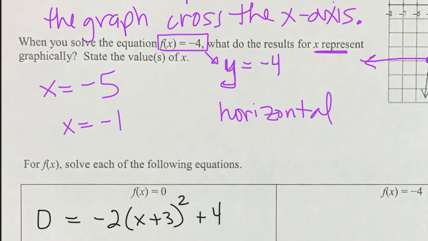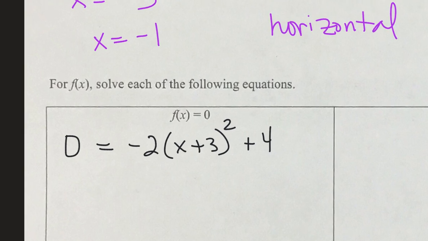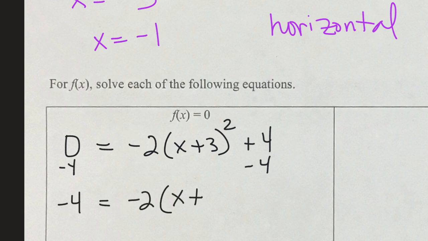We're going to solve this equation and figure out what your x-intercepts are, okay? So first of all, we're going to subtract 4 from both sides. We want to solve this for x, so we do all of our most simple algebra first. Now we're going to divide both sides by -2. Okay, and that's 2 equals (x plus 3) squared.